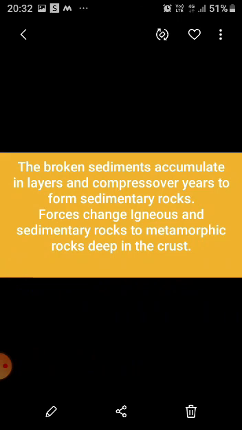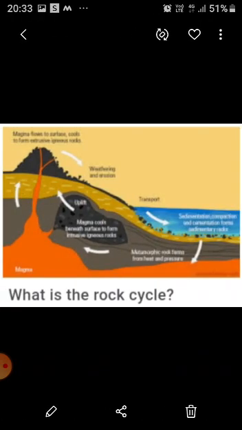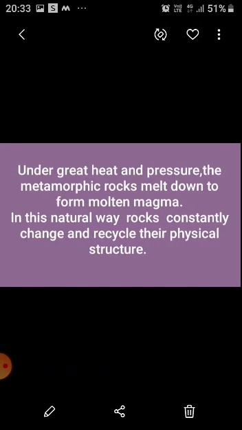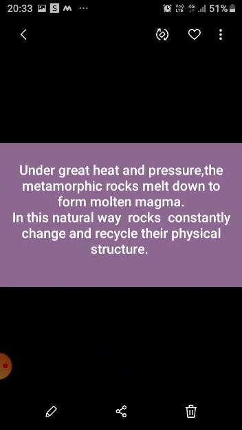Under great heat and pressure, the metamorphic rocks melt down to form molten magma. And the molten magma again cools down and solidifies into igneous rocks. In this natural way rocks constantly change and the cycle happens due to their physical structure and mineral composition.